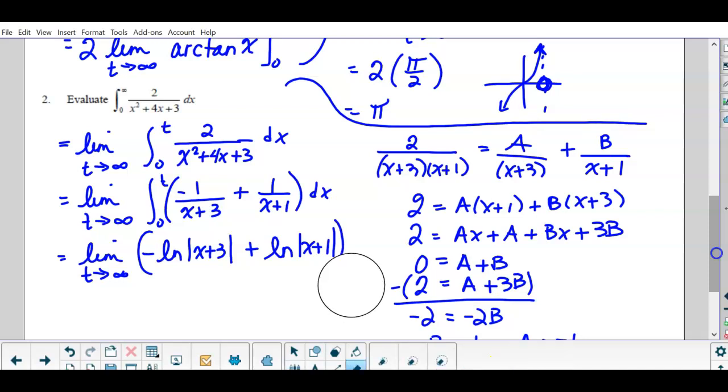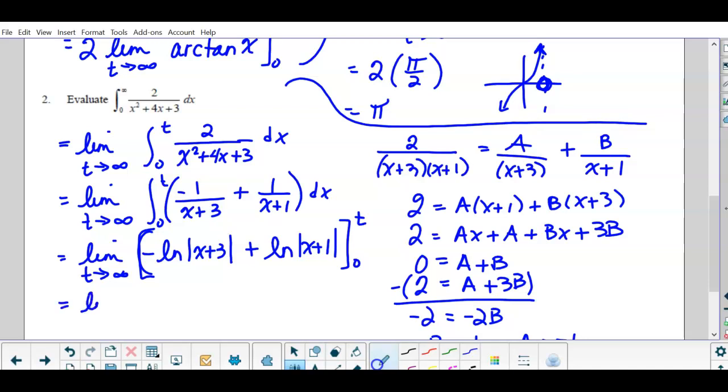Just use a square bracket, from 0 to t. Okay, so now actually we can simplify this before I substitute t in using your log laws. You don't need the absolute value anymore because t is going to positive infinity and you're adding 3. So those will be positive.